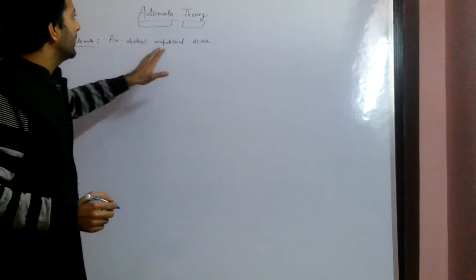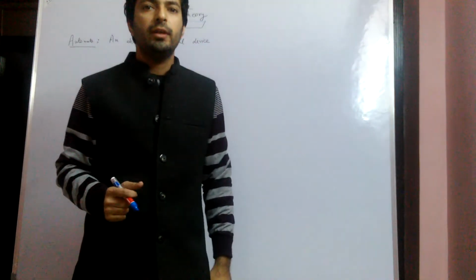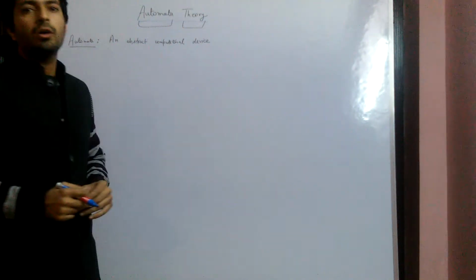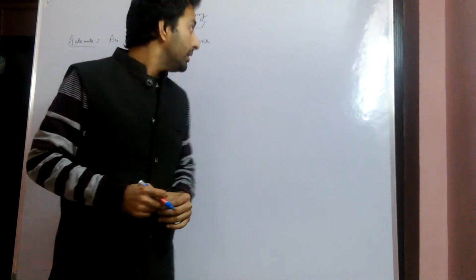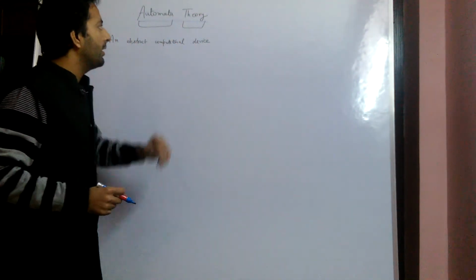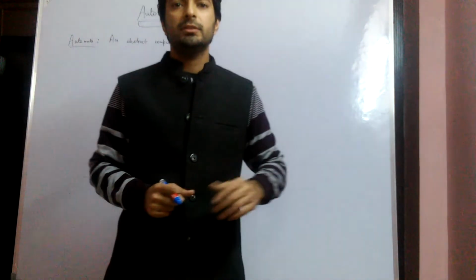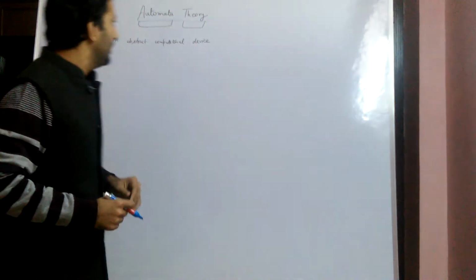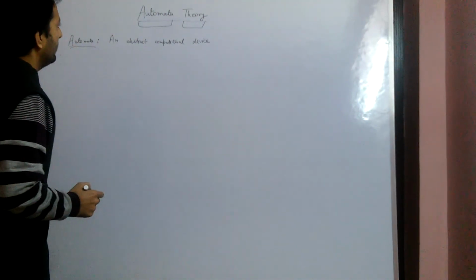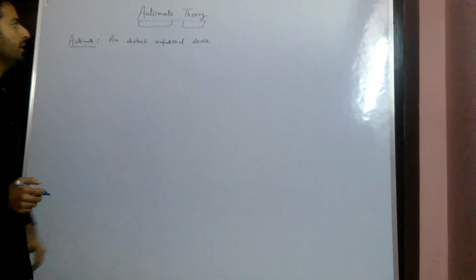We will be discussing what different computational devices there are, the classes of computational devices, and the capabilities of the different classes. We have a particular hierarchy, known as the Chomsky hierarchy, in which we have different classes of computational devices. I hope this is clear to you all.